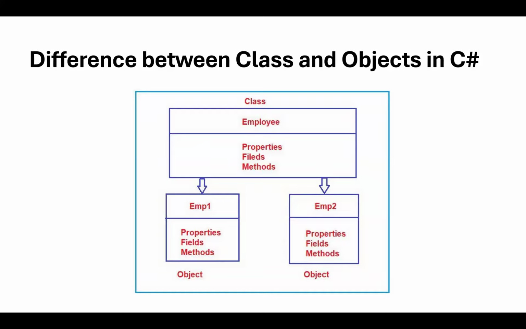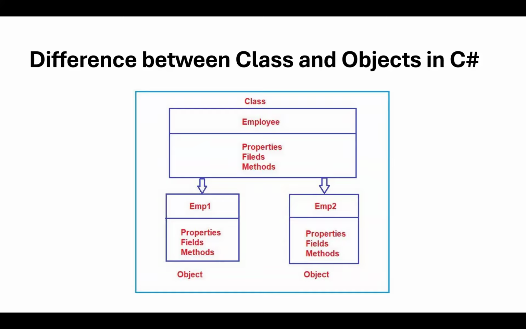As we already discussed, in object-oriented programming (OOP), a class is a template or blueprint for creating objects, and every object in C Sharp must belong to a class. Please look at the following diagram to understand the difference between them.